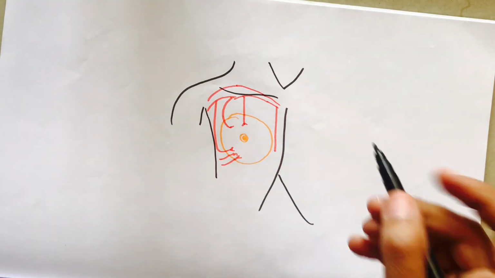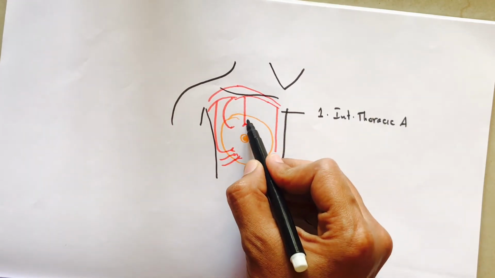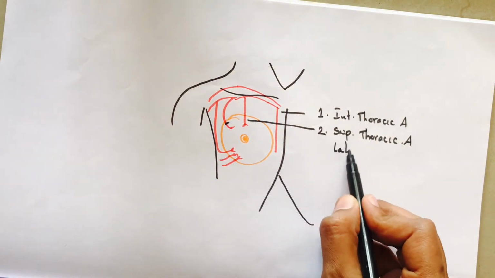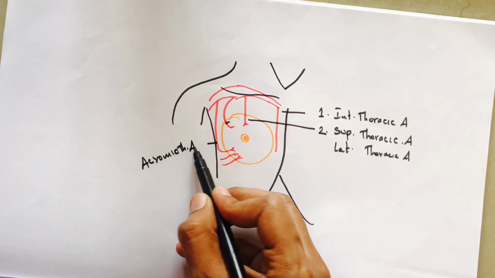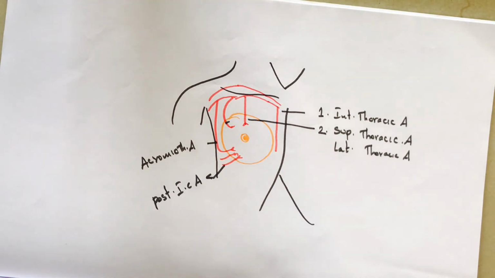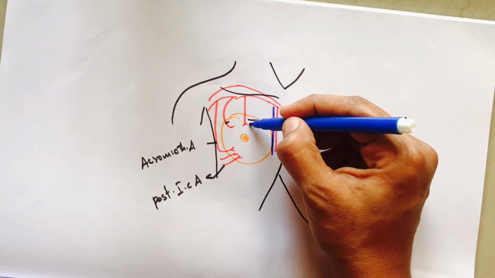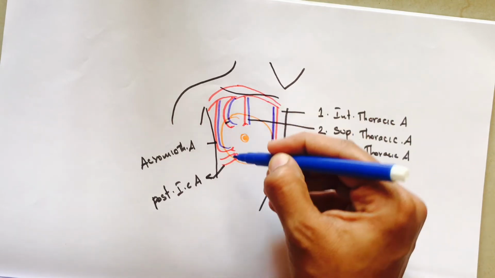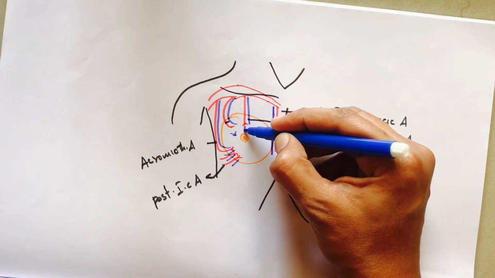They are the internal thoracic artery from subclavian artery, superior thoracic, lateral thoracic, acromiothoracic, which are the branches of the axillary artery, and posterior intercostal arteries. Now the corresponding veins are again internal thoracic vein, superior thoracic vein, lateral thoracic vein, acromiothoracic vein, and posterior intercostal veins.